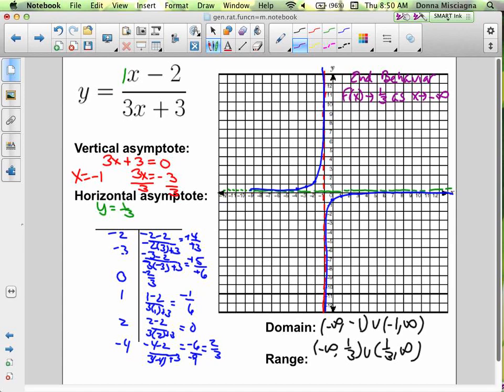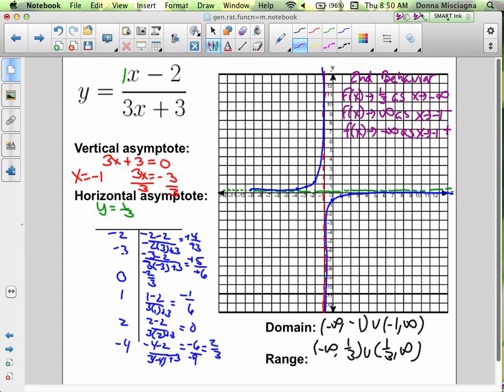And then as we get close to the vertical asymptote on the negative side, the graph is going to go to infinity as x approaches negative 1 from the negative side. And it splits, it approaches negative infinity as x approaches negative 1 from the positive side.